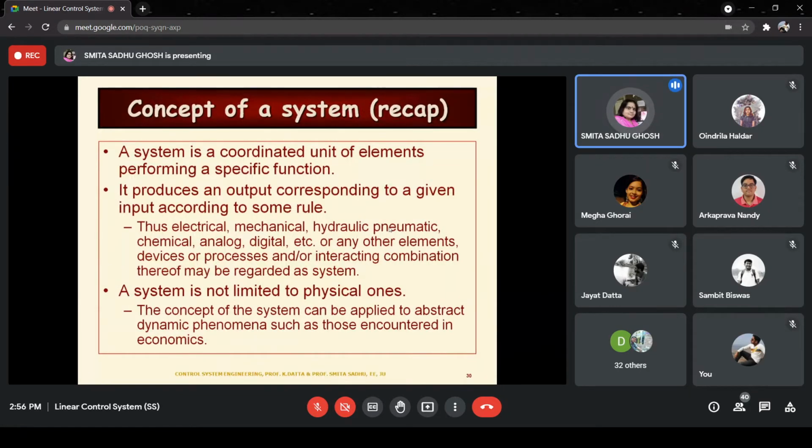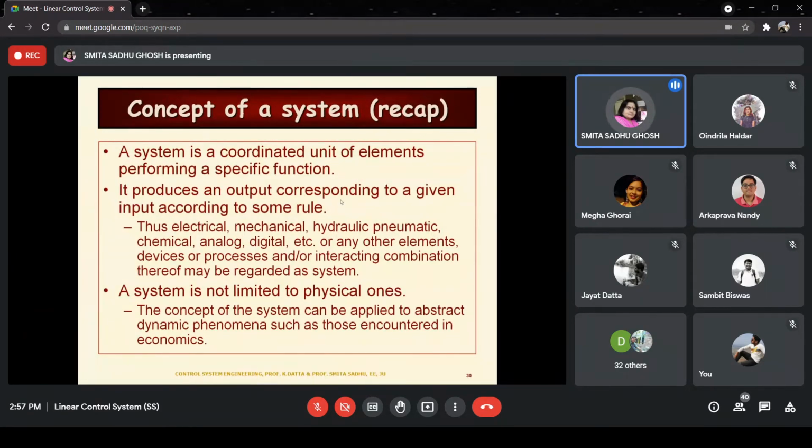Now, coming back, because you have done signals and systems in your second year, we will go through a brief and quick recap of the concept of a system, as well as some related concepts, meaning the input, output, and so on. So if you recollect, a system is a coordinate unit of elements performing a specific function. That is the textbook definition that you would be finding in most of the standard textbooks, right?